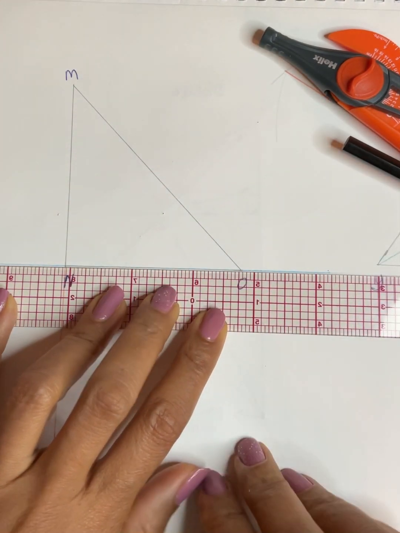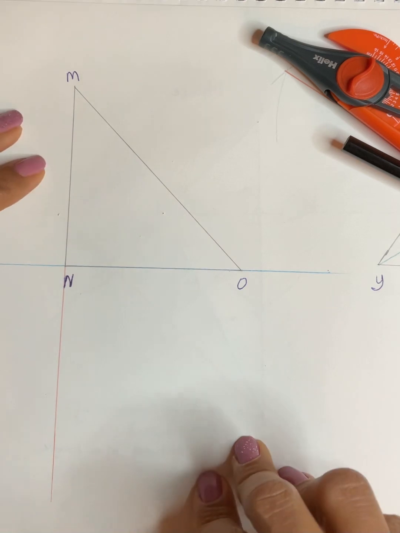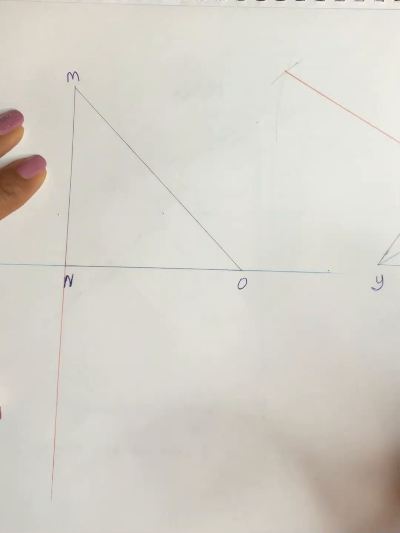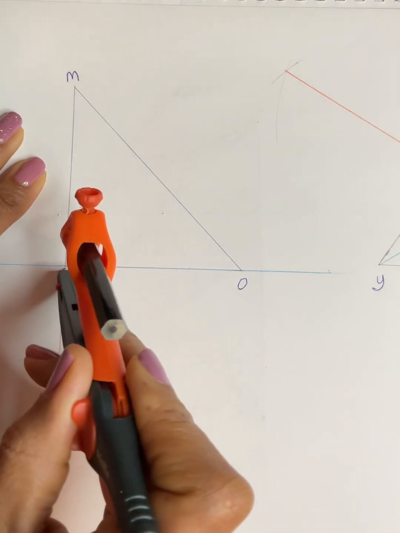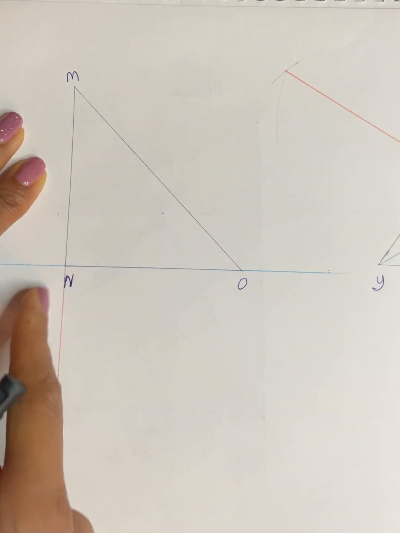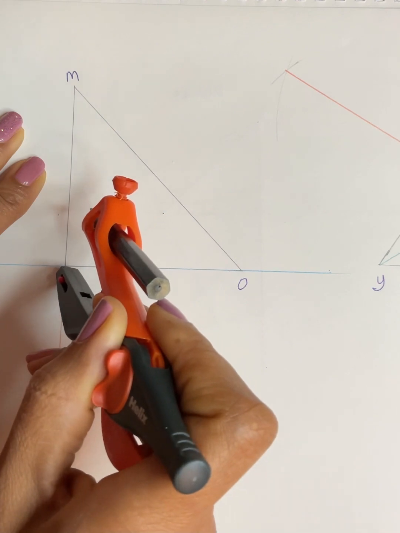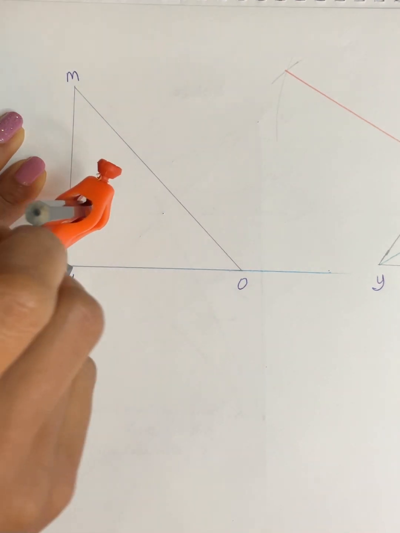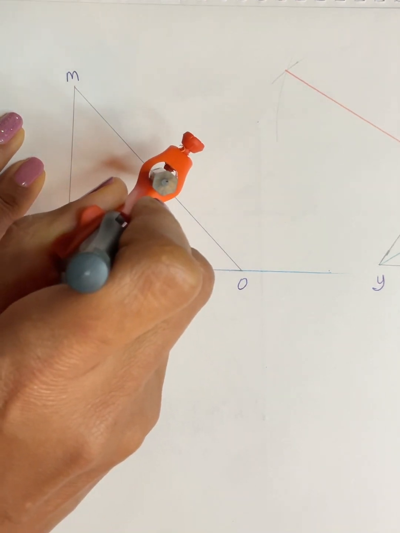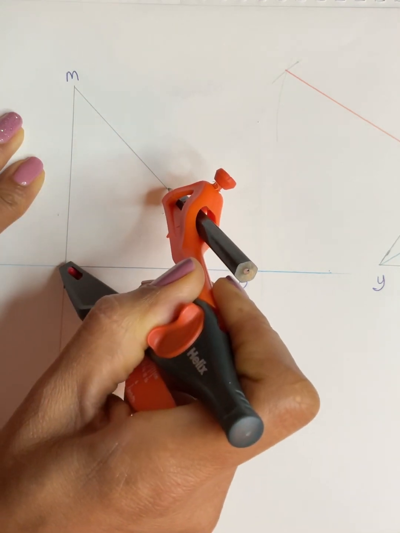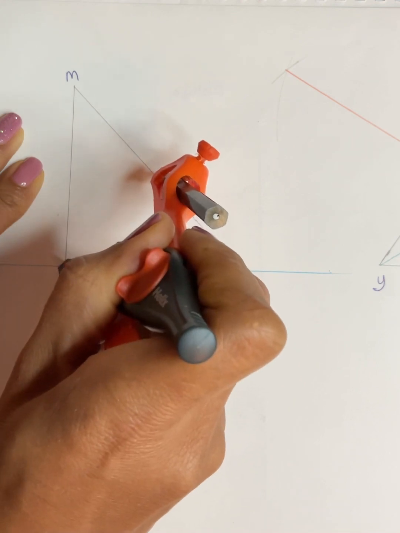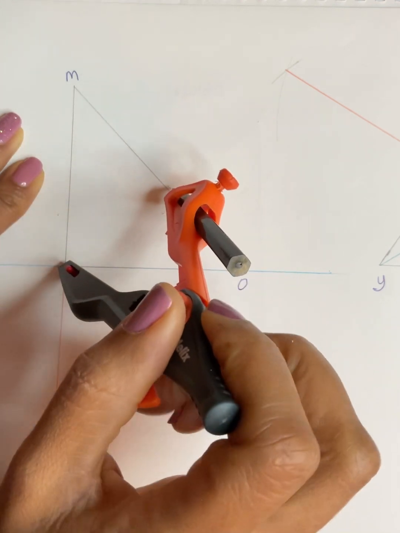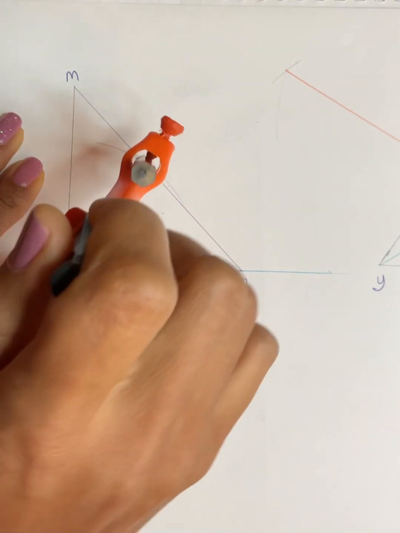And all you have to do now is create an altitude from the vertex here, the right angle, MN, the vertex N. You are just extending this a little bit past. You just need a little bit, not a lot. A little bit past the line, segment MO.